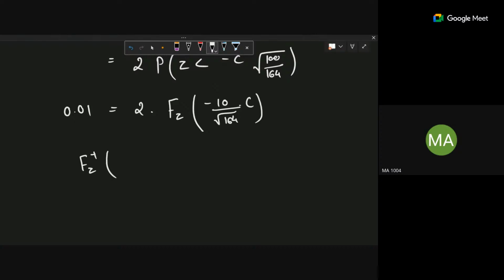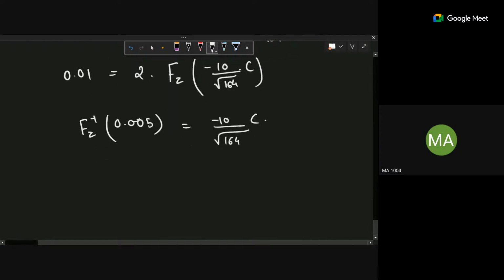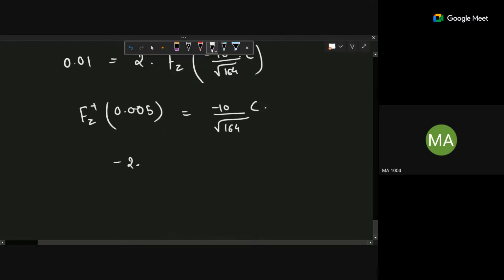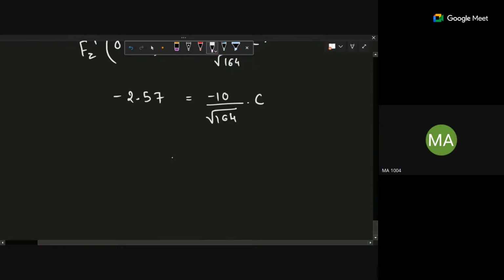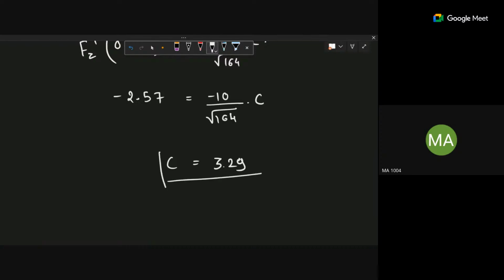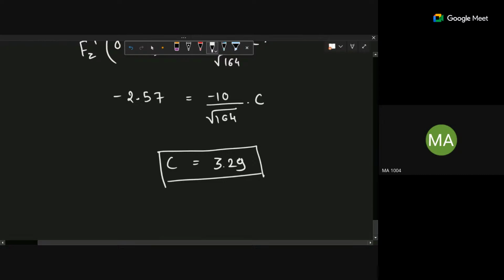So 0.01 by 2 will be 0.005, and the value given was minus 2.57, right? Solving this, we get a value for C, which is something like 3.29. So the value for C is 3.29.